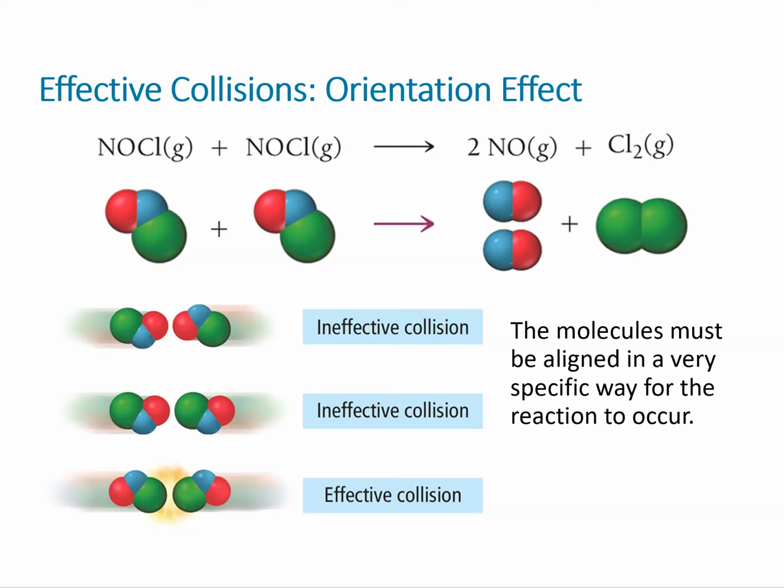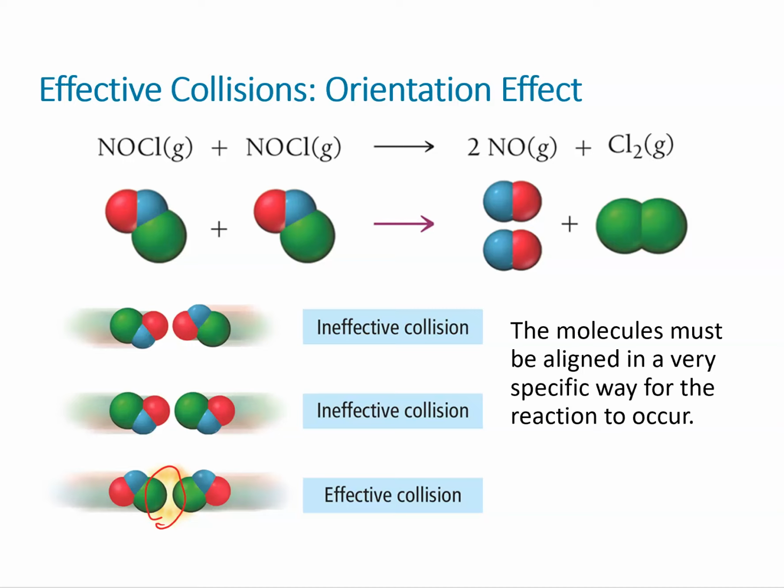So here we have two molecules of NOCl, and when they combine, you get 2 molecules of NO and 1 molecule of chlorine gas. Now, to make this happen, they have to be aligned so that the chlorines are in collision. If you get the chlorine colliding with a nitrogen, it doesn't happen. If you have a nitrogen colliding with a nitrogen, it doesn't happen.